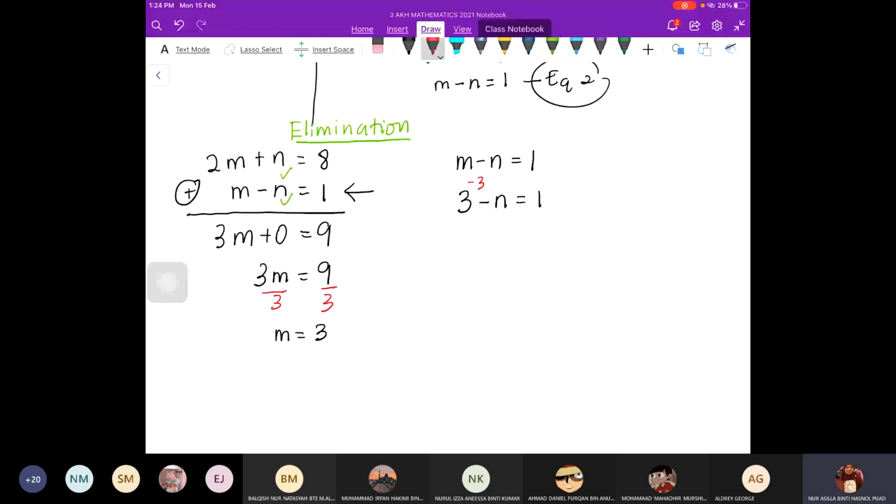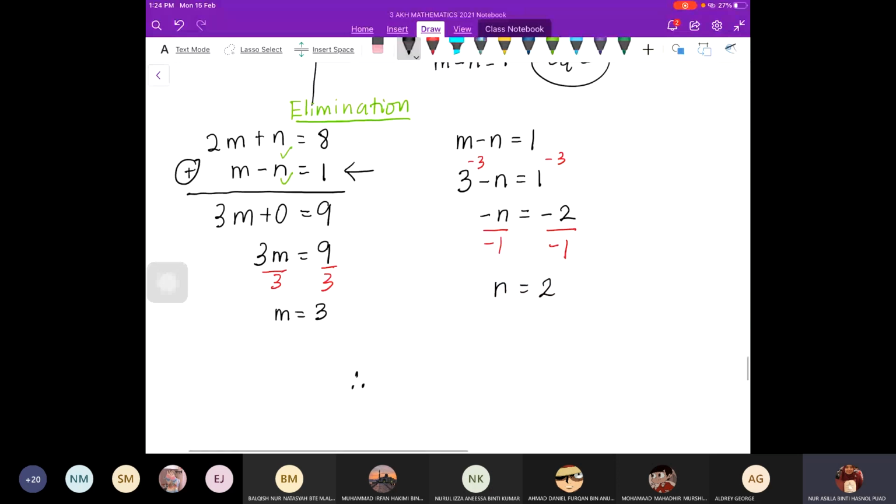Minus 3 minus 3. So negative n equals to negative 2. Divide by negative 1, divide negative 1. So n equals to 2. Okay, selesai. So my values of m is 3, n is equals to 2.